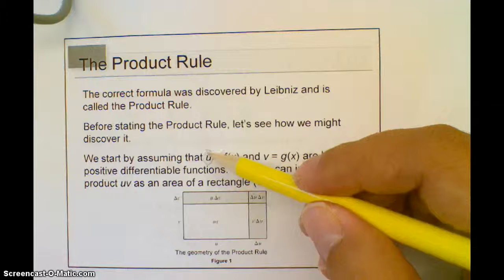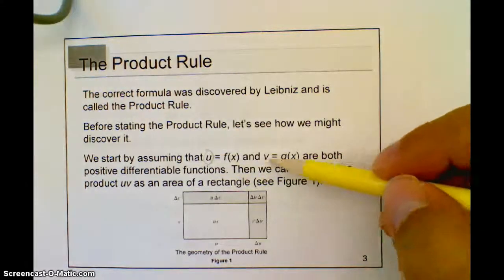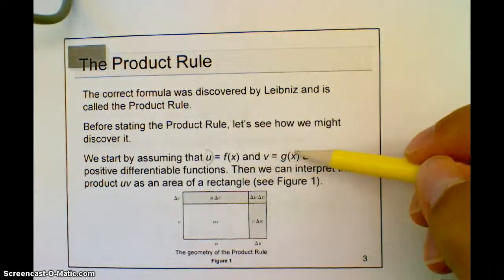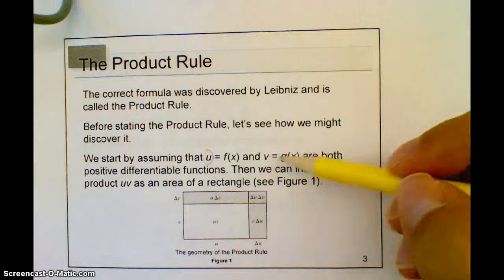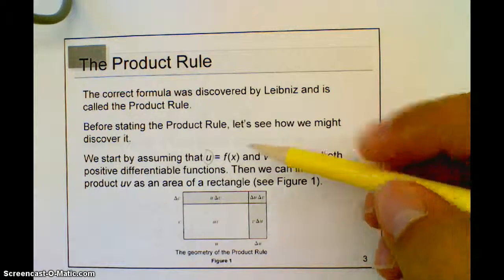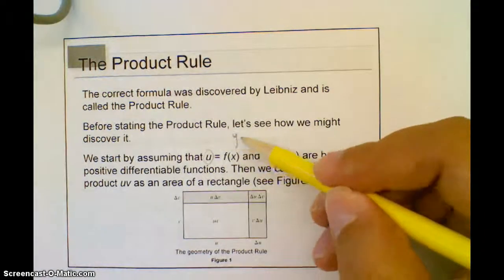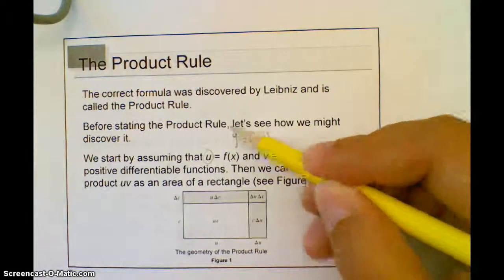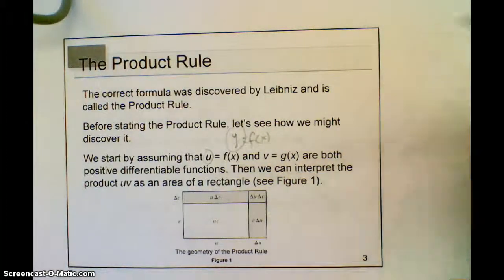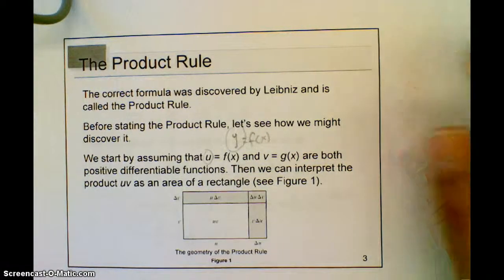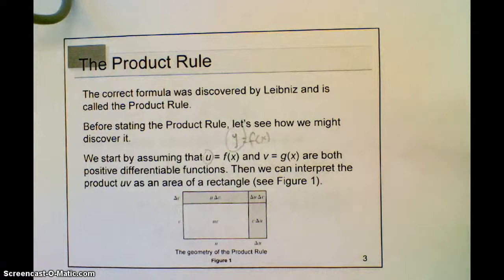So just so you know, u is a function of x and v is a different function, but both of them depend on x. It is just the same idea as saying y equals f of x, but I don't want to use y, I want to use two different functions, so let's just call them u and v. But those are arbitrary, but think of them as functions.